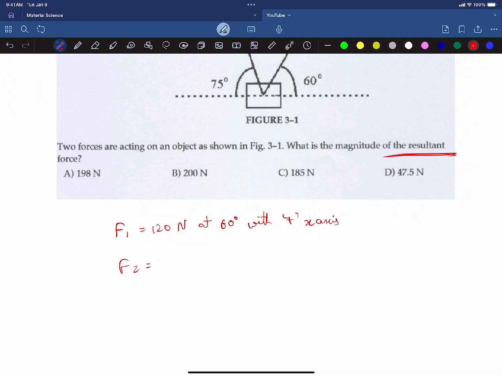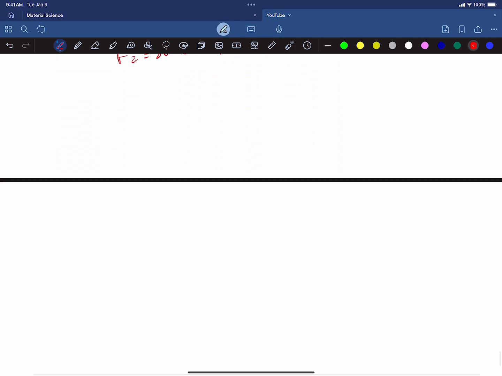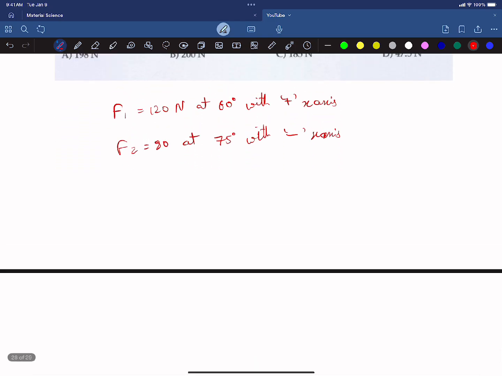F2 is equal to 80 Newton at 75 degrees with the negative x-axis. Now we need to break down both forces into x component and y component.